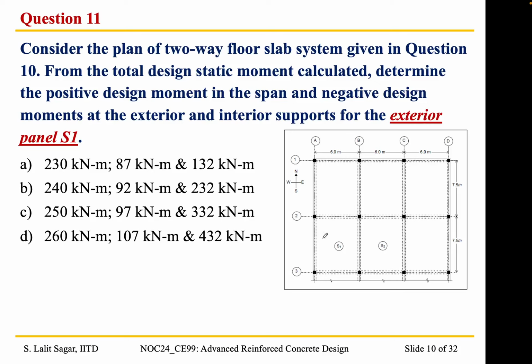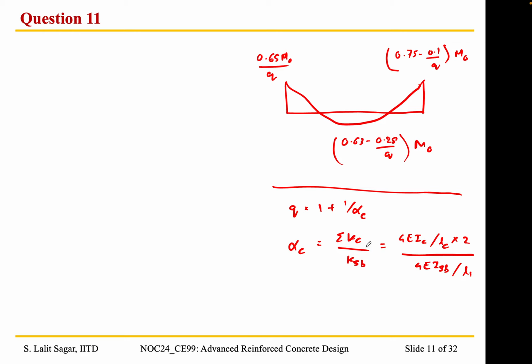L1 is this direction, the primary bending direction. So here we can cancel out 4E and 4E.